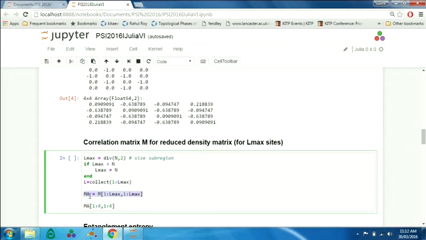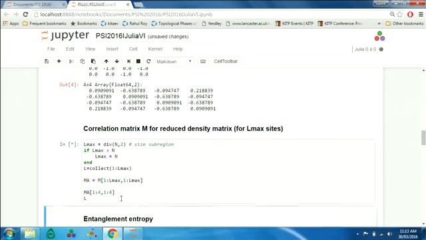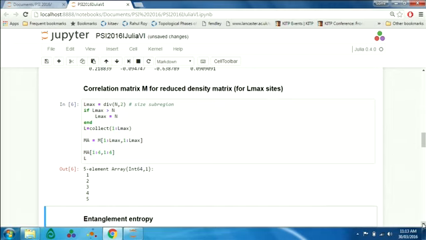And this L, let me show you, I'm just producing all the region sizes that we want to analyze. Sorry, the system size is fixed, but the size of the region is going to be 1, 2, 3. We're going to compute entropies for one side, 2 sides, 3 sides, 4 sides, and 5 sides.